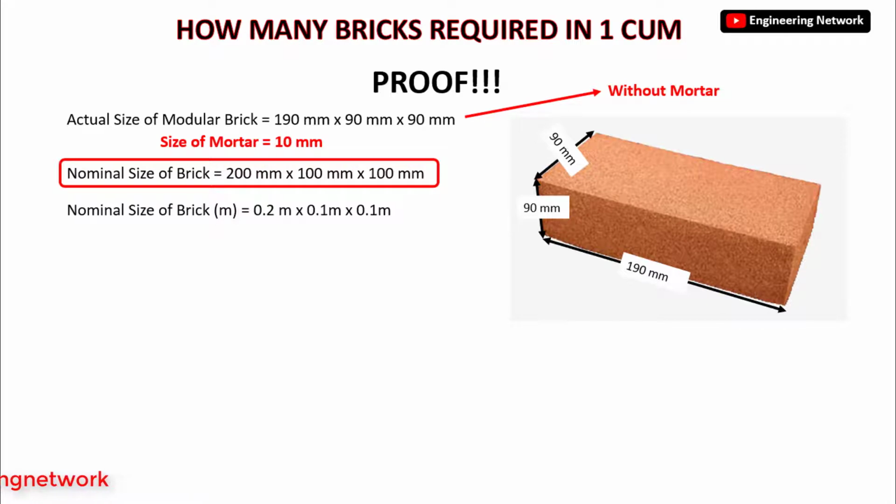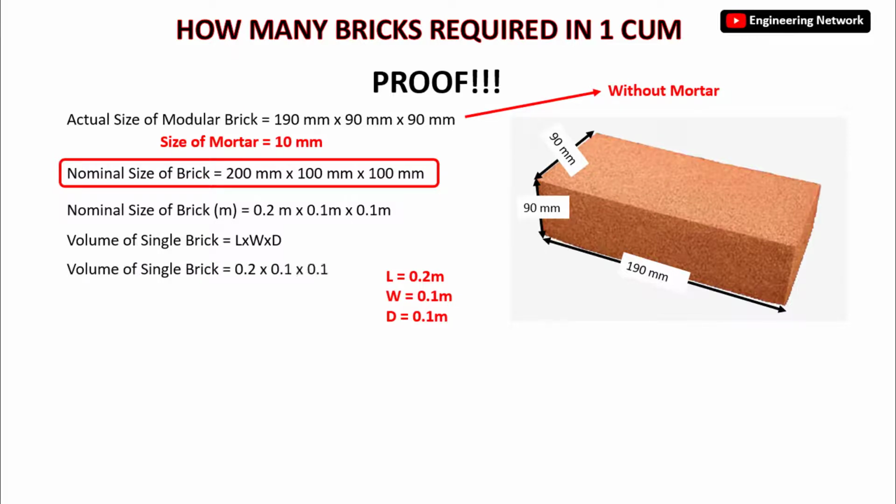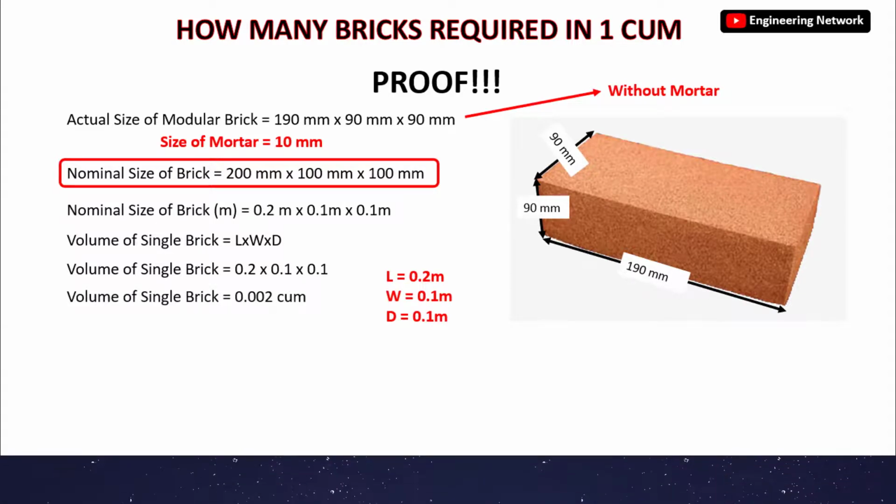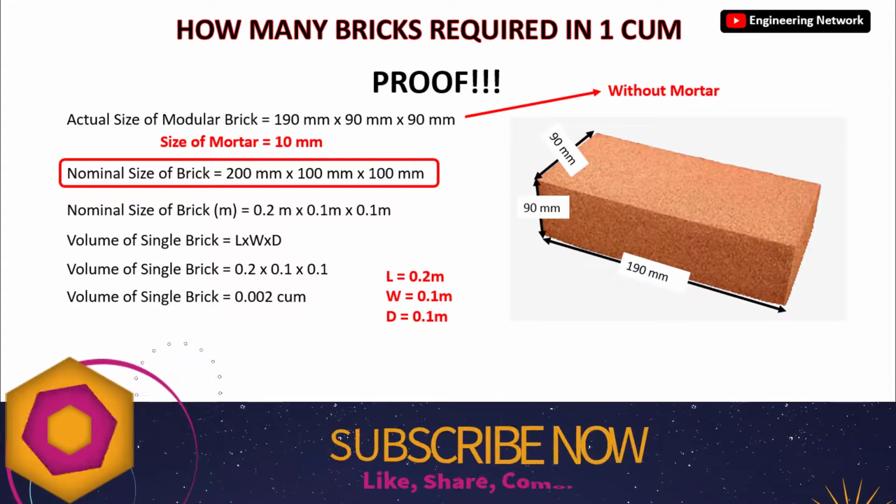Now the volume of a single brick is equal to length times width times depth. The length of the brick is 0.2 meter, and the width and depth are 0.1 meter. So the volume of a single brick is 0.2 x 0.1 x 0.1, and it will become 0.002 cubic meter.